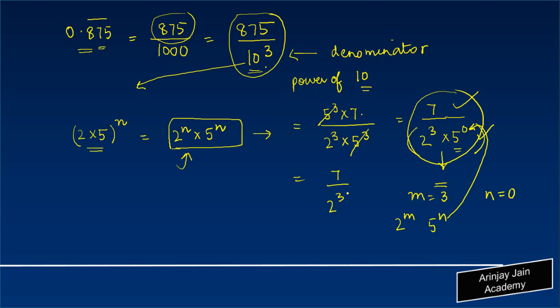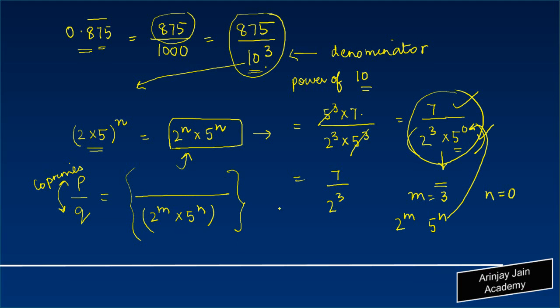So if you can express a rational number in the form p upon q, such that q can be written as 2 to the power m times 5 to the power n, and p and q themselves are co-primes, then we can say that a given rational number has a terminating decimal expansion.